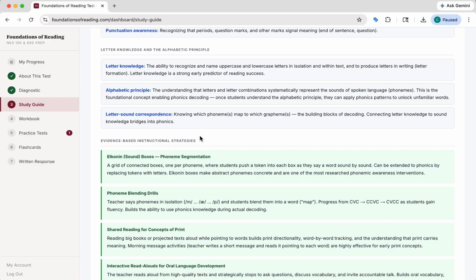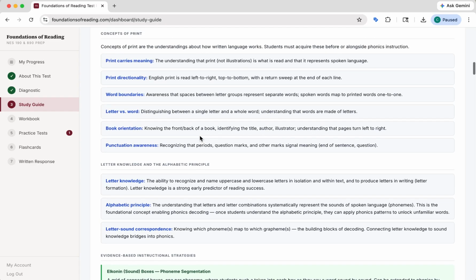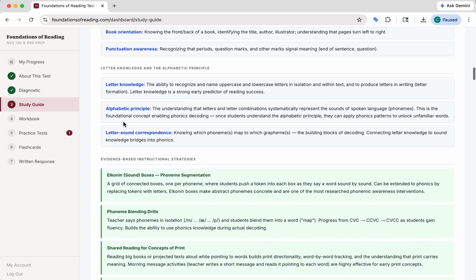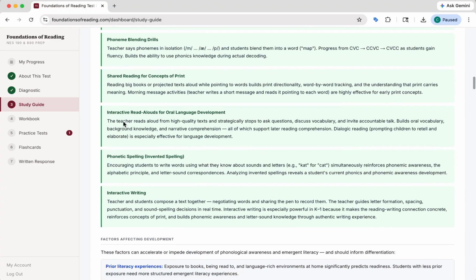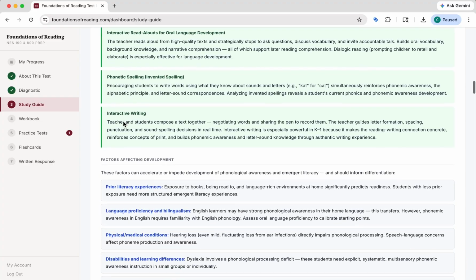However, I have to say that the Foundations of Reading is a challenging exam that really tests your fundamental core knowledge of effective reading instruction, as usually an elementary teacher. Now, you need to know not only the common terminology, but how to teach it, and how to differentiate lessons to meet the needs of all of your learners.